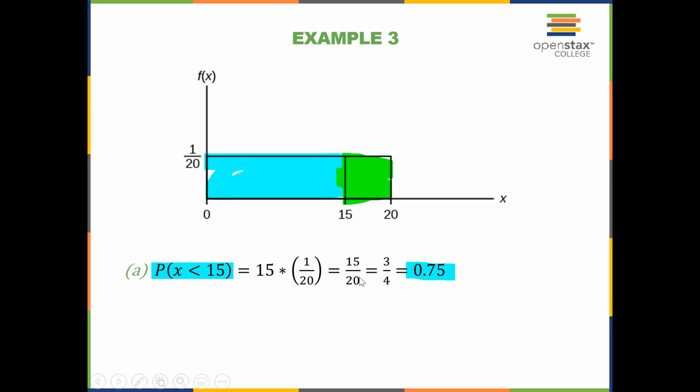But if we use the base times height approach, let's see if we get that answer. The probability that x is greater than 15, I would take my base, which is 20 minus 15 equals 5, times the height of 1 over 20 equals 5 over 20, which reduces to 1 over 4, or 0.25. Right, so notice they do add up to 1.